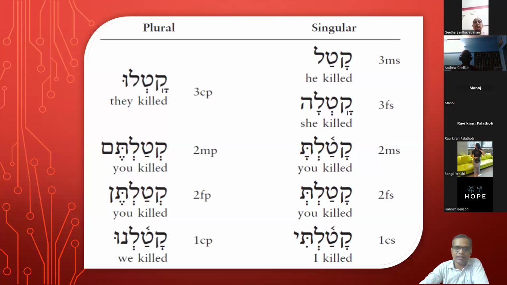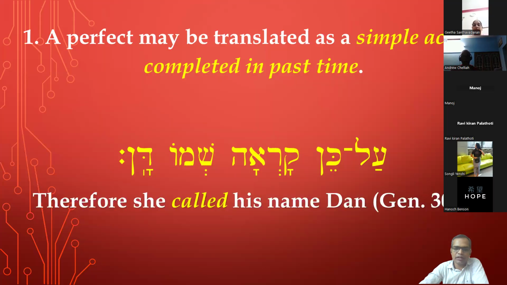So it is katla. That means Qal perfect third feminine singular from the root word qara. So this is what we have to analyze for the verb.